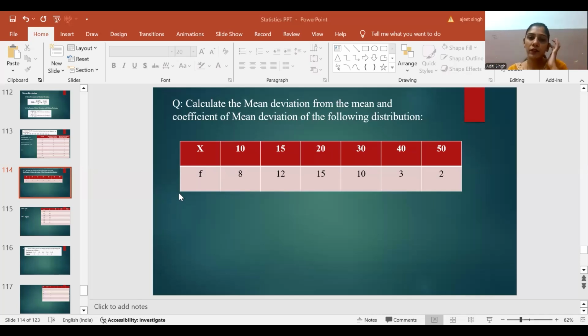As I have discussed, for calculating mean deviation, we first have to calculate the mean of the given data series. Then we will calculate mean deviation, and with the help of mean deviation, we calculate the coefficient of mean deviation.